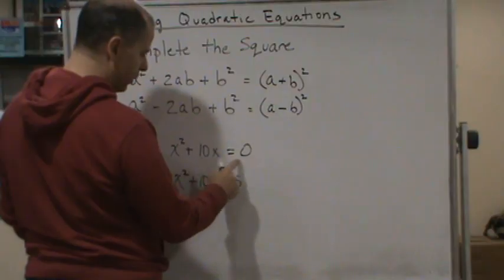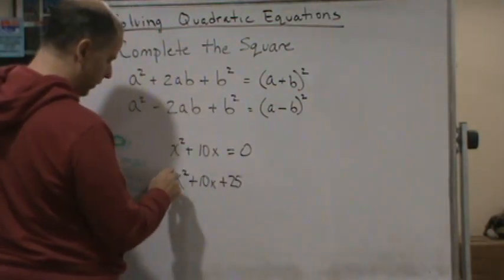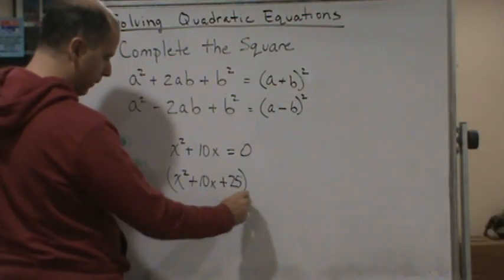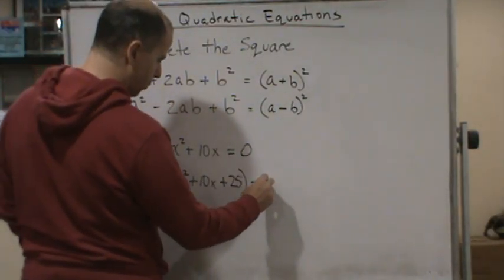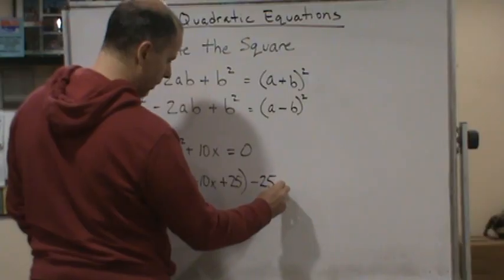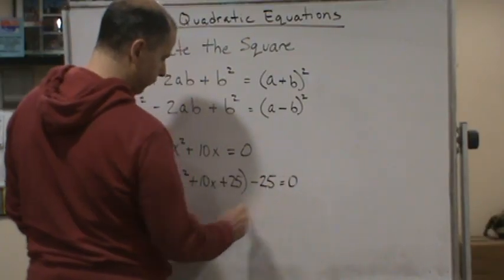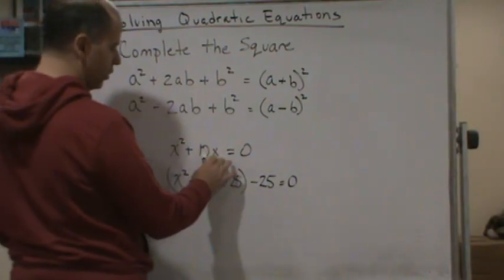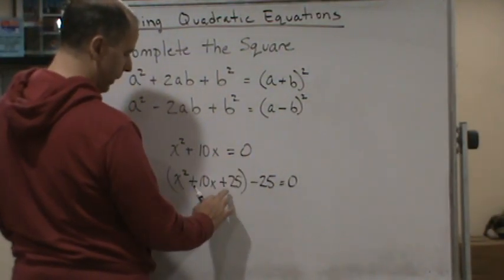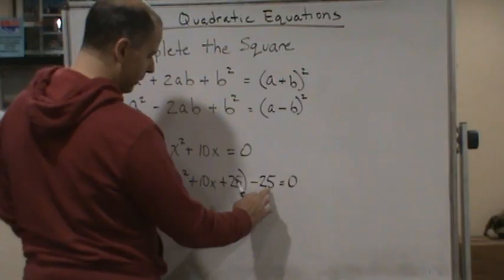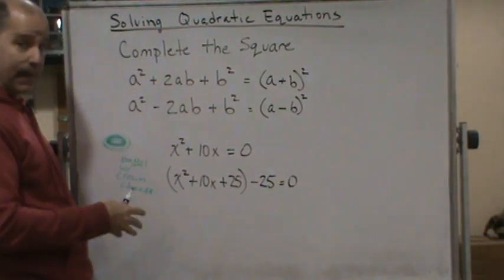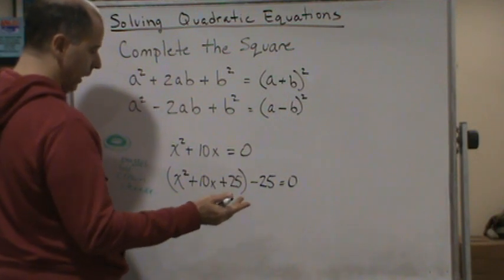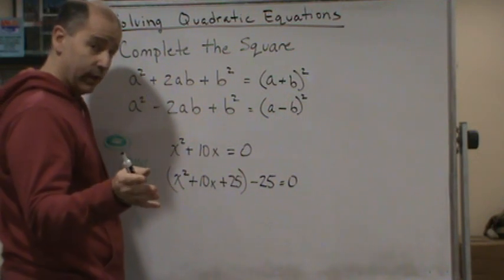So instead of adding 25 to both sides, I could just add the 25 to make my perfect square, but then also subtract 25 at the same time. It's the same thing. Whether you add 25 to both sides or whether you add 25 and then subtract 25 on the same side, it leads to the same thing. However you want to do it is totally up to you.